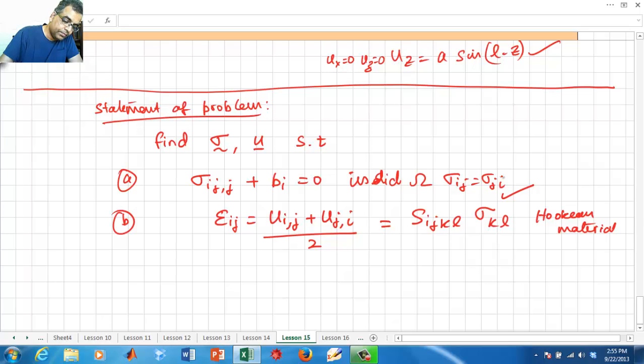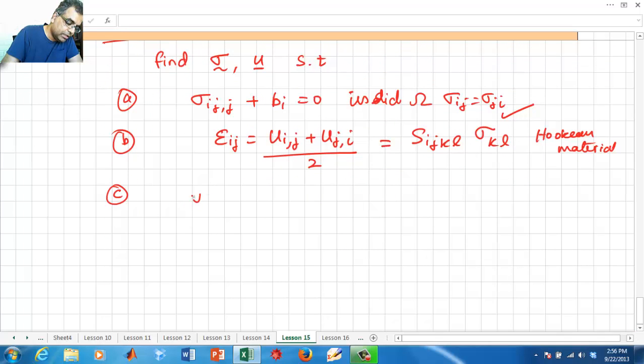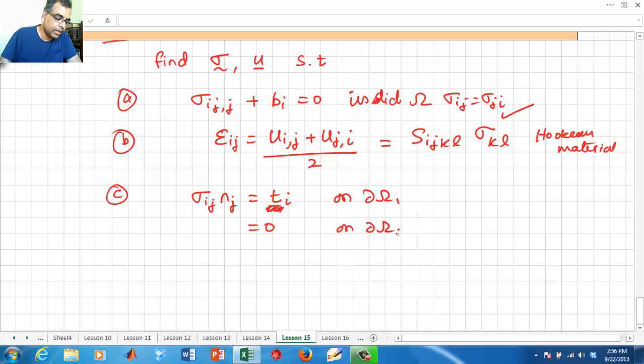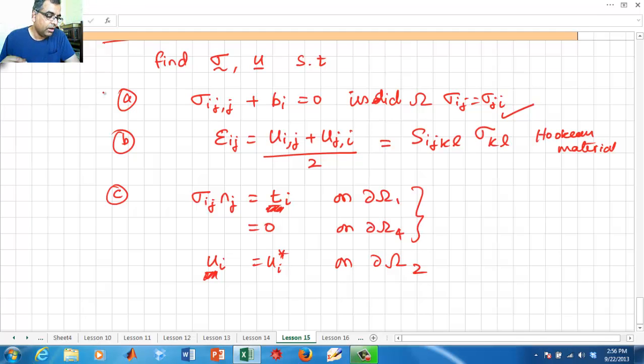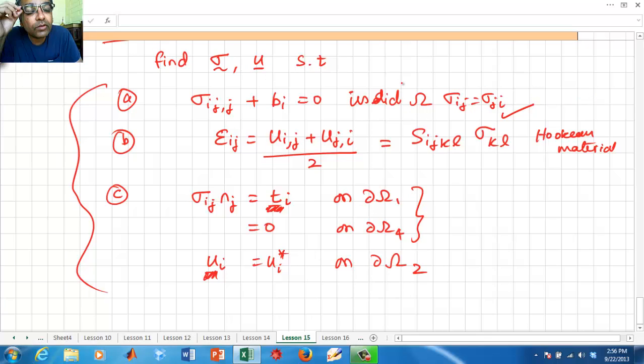C, sigma ij nj equal to ti on partial omega 1, equal to 0 on partial omega 4, and ui equal to ui star on partial omega 2. So it has to satisfy all of these. If your stresses and displacements satisfy all of them, you have found a solution to the problem.